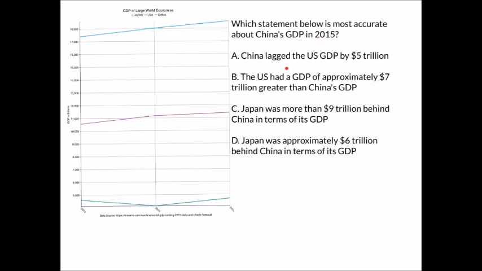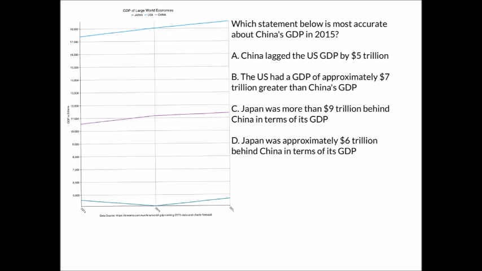So one of the first answers here is China lagged the U.S. by 5 trillion. So we have to take 2015, go down here to 2015, go up here to China. Right here it's a little bit over 11 trillion. So that'd be a little bit over 12 trillion, 1 trillion, a little bit over 13 trillion, 2 trillion, a little bit over 14, 3, 4, 5, 6.